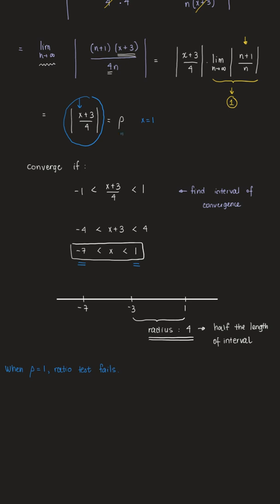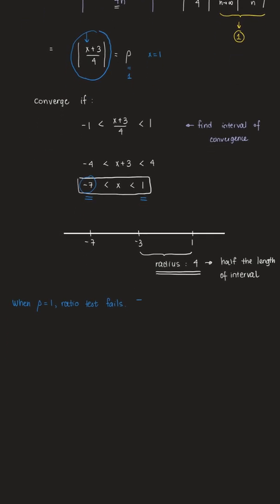Rho is going to give us the number 1. And when I put negative 7 in, rho will also be 1. So at the endpoints, we don't know how the series behaves. That means we have to test the endpoints back into the original series in place of x, because the ratio test doesn't tell us what happens there.